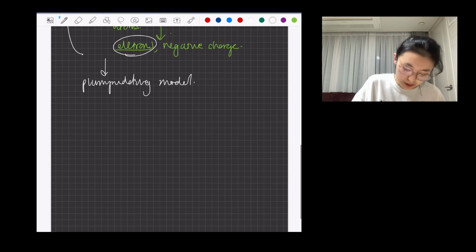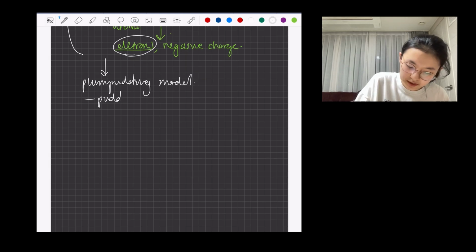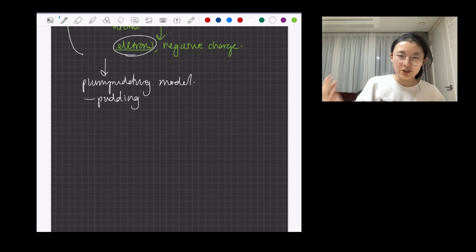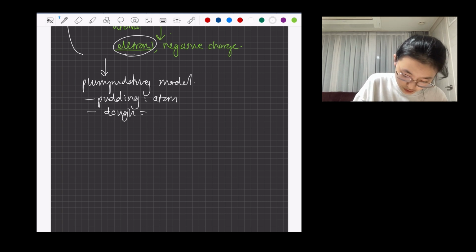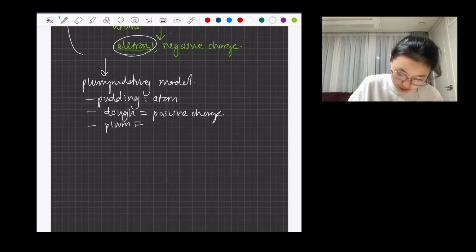It's called the plum pudding model because the pudding itself, which is also like a chocolate chip cookie, is going to be known as the atom. The dough part is going to be known as the positive charge. And the plums, or the chocolate chips, are going to be known as the negative charge, the electrons.